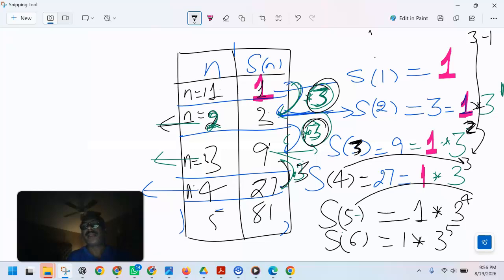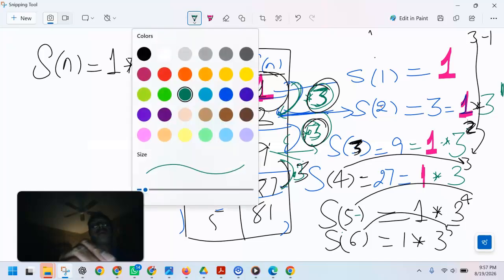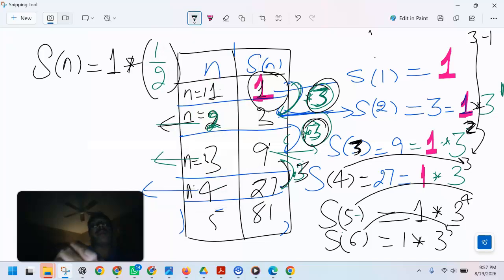So the question is, can we write the explicit formula in general from here? If I write S of n, in the beginning we have 1, and then you go on multiplying the green, but you are multiplying 1 less.